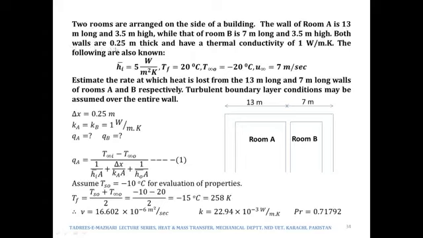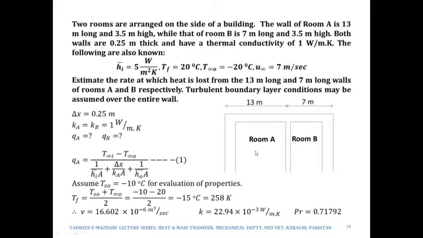Both walls have a thickness of 0.25 meters and both have thermal conductivity of 1 watts per meter Kelvin, which is the typical value of the thermal conductivity of that material that the walls are usually made of. The following are also known. And what is that? Hi bar.